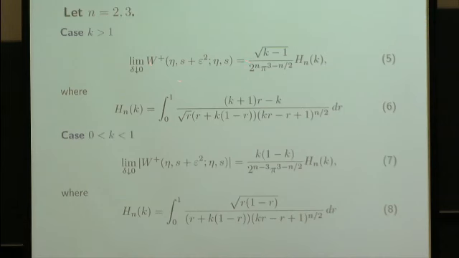For instance, for k larger than 1, this limit can be given in this form with H n of this form. When k is between 0 and 1, oh, I forgot, this is a mistake, please don't take the absolute value. The limit can be given in this form, and this h and k has this form.